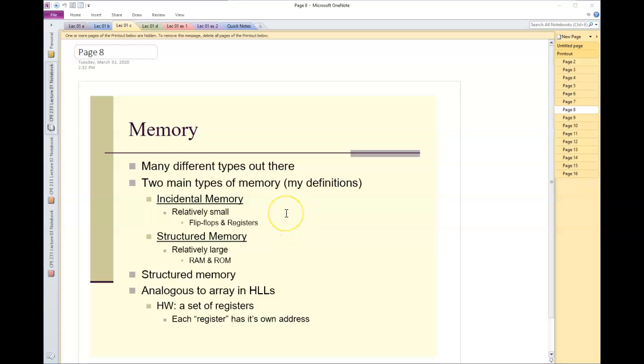In an array, you use an index to get into it. Well, this set of registers uses an index also, referred to as an address. So to get at each of these registers in memory, we use an address instead of an index, but it's really the same thing as a higher level language array.